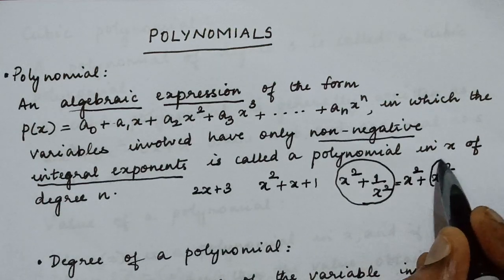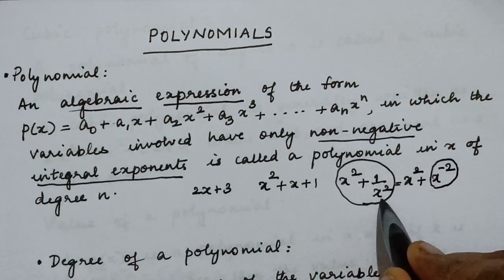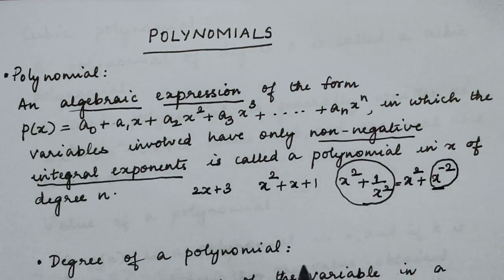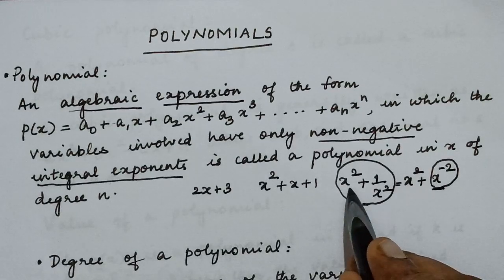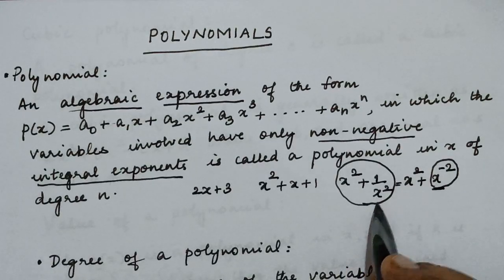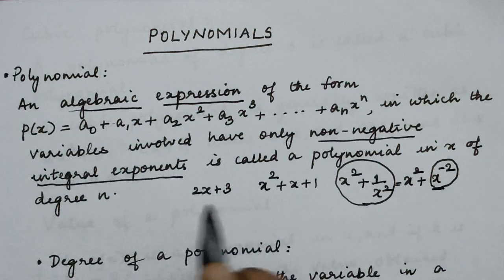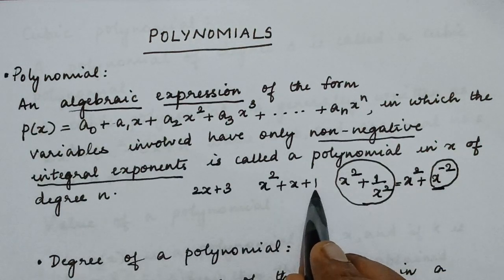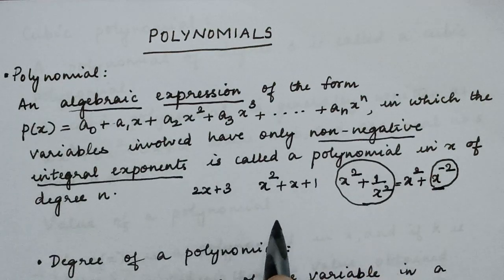Here you can see that two terms are there and the power of the second term is negative. So this is not a polynomial. So x squared plus 1 by x squared is not a polynomial, whereas 2x plus 3, x squared plus x plus 1, all these are polynomials.